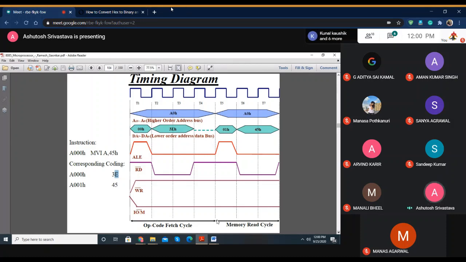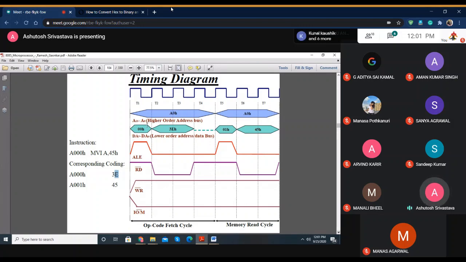T4 cycles. So from 0 to T4 is for the operation code fetching, which is when you're talking about MVI.